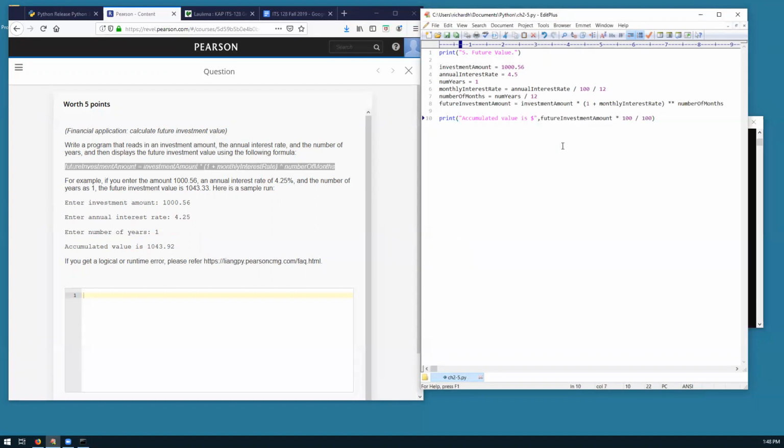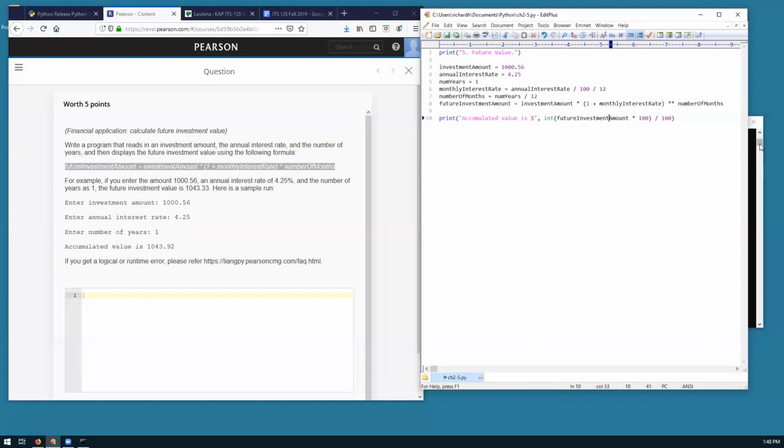Why is that? Let's see. Investment amount is that. Annual interest rate is 4.25. Number of years, blah, blah, blah. And what about this last thing? Times 100 divided by 100. Oh, I know. I've got to do the int. There we go. All right.